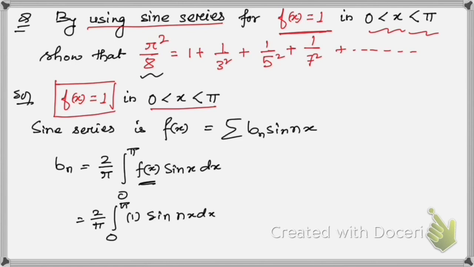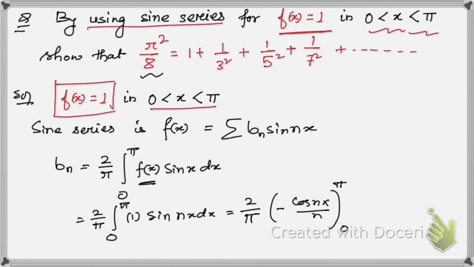Now if you integrate sine nx, what are you going to get? Let me write here 2 by pi, minus cos nx by n. Integrating sine nx, we have got this, and the limit is 0 to pi.